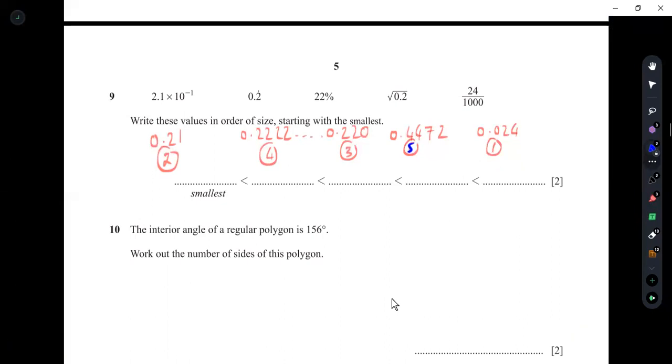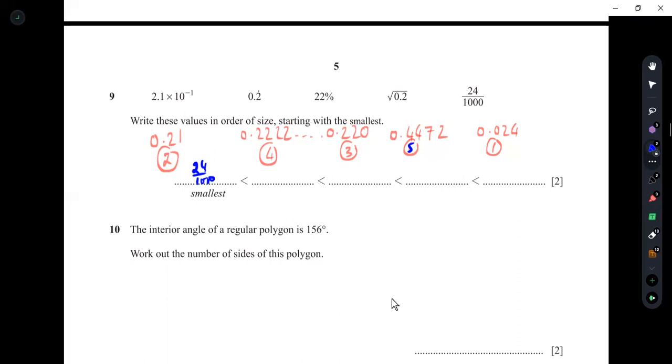So the highest one is this. The smallest one is 24 over 1000. From the given numbers, we converted them into decimals, so it is better to write the given numbers in this list. So 24 over 1000 is the first one, the smallest one.